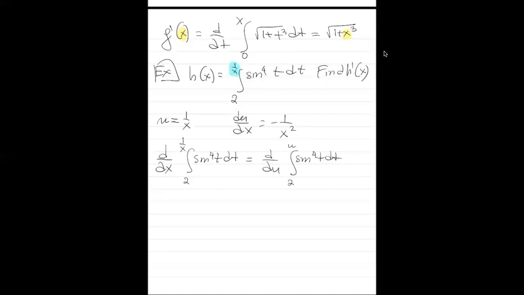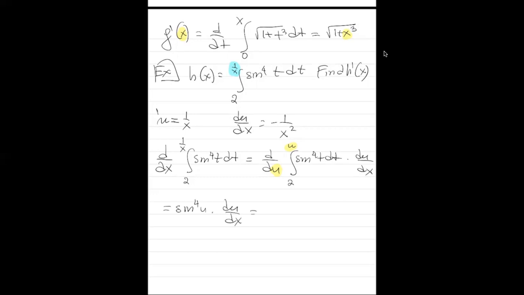So notice now that we have u here and u here, they're matching. So we can apply part 1 of the fundamental theorem of calculus, where it says if you integrate and then differentiate, you're back to your original function, which in our case is sine to the fourth of u. Okay, so we're keeping u and then du dx.